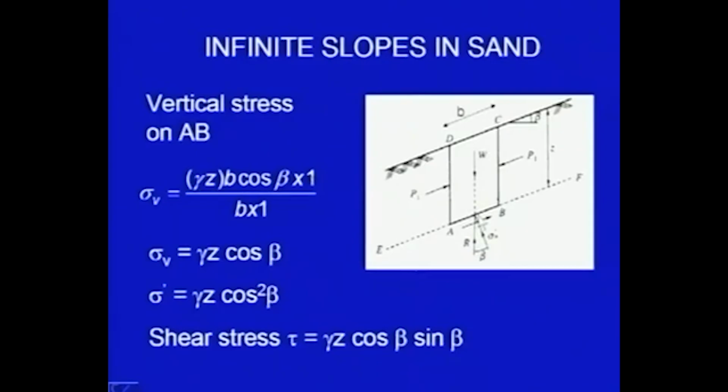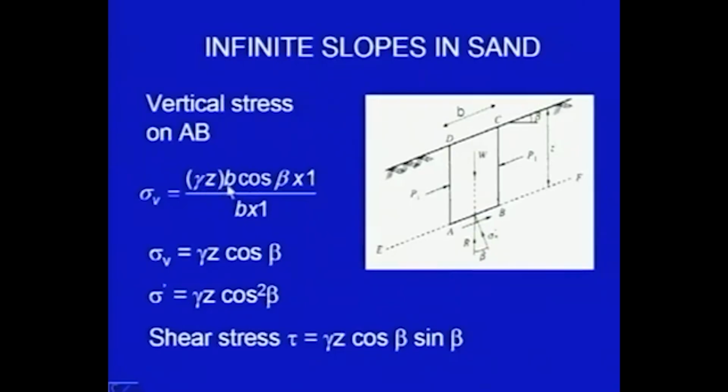So, let us take a point at this depth. The unit weight of this material is gamma, and the depth of this rupture surface is, let us say, Z. Then I can find out the vertical stress which is acting at the base of this slice. This will be equal to gamma into Z. Gamma is the unit weight, Z is the height.